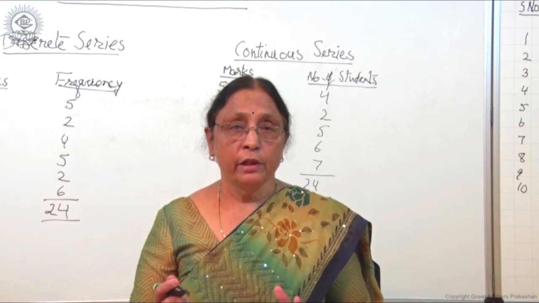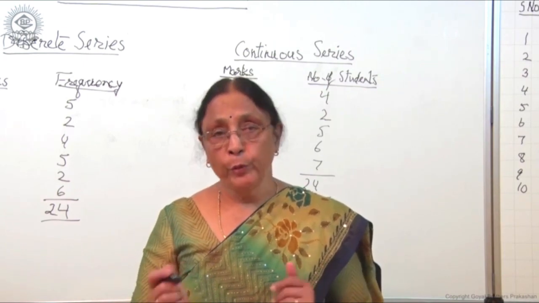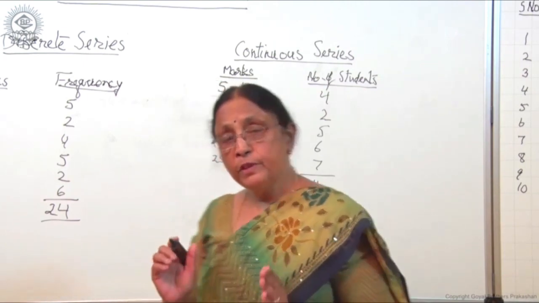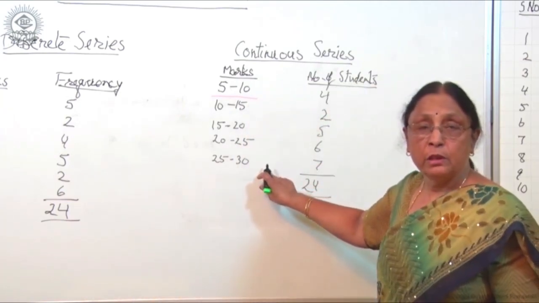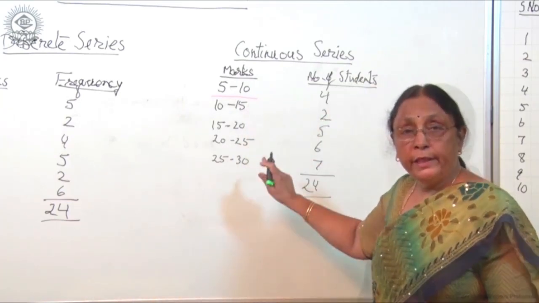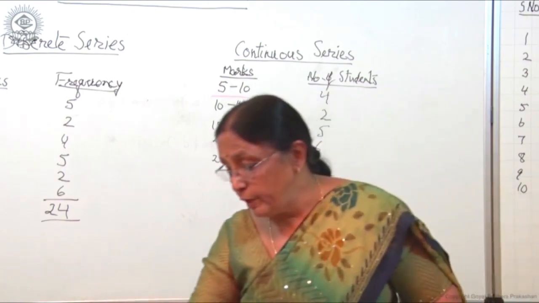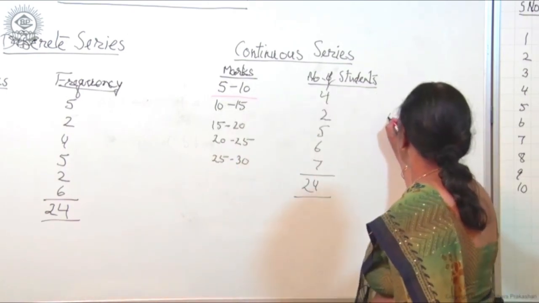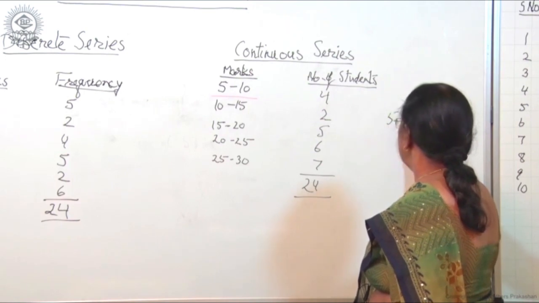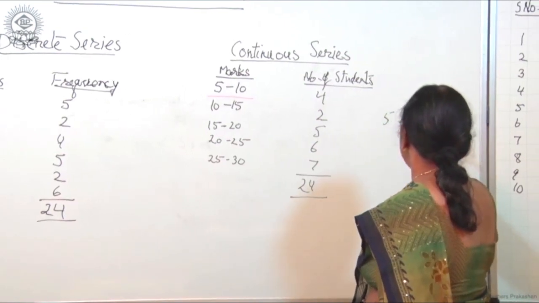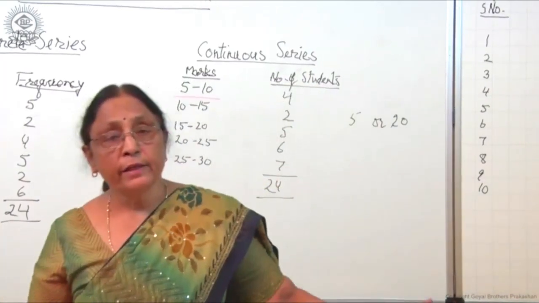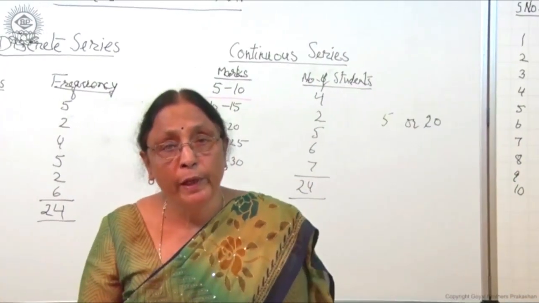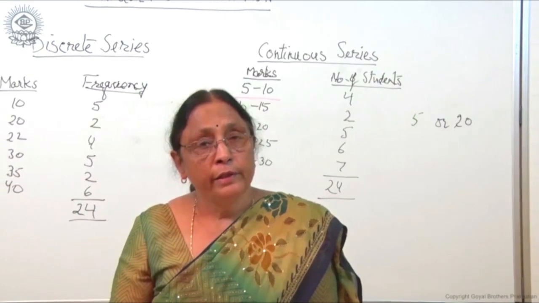Then you can take the class interval of 10 or maybe 20, because keep this in mind, when you are dividing the data into different class intervals, these classes should be between either 5 or maximum 20, right? Why do I say that classes should be between 5 and 20?